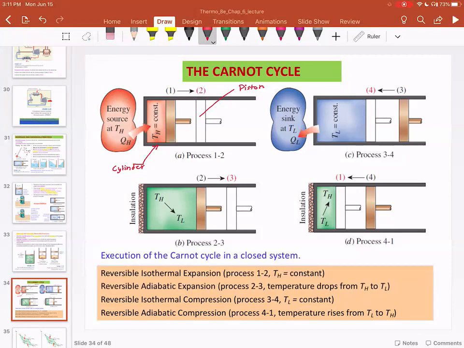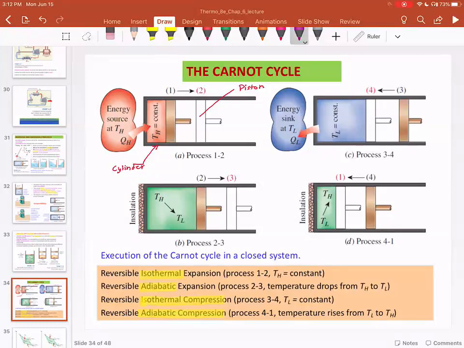So basically, Carnot cycle comprises expansion and compression. But in expansion, there are two parts. First, you have isothermal expansion followed by an adiabatic expansion. Then it reaches point 3. At point 3, you start compressing. So you have isothermal compression and then adiabatic compression.